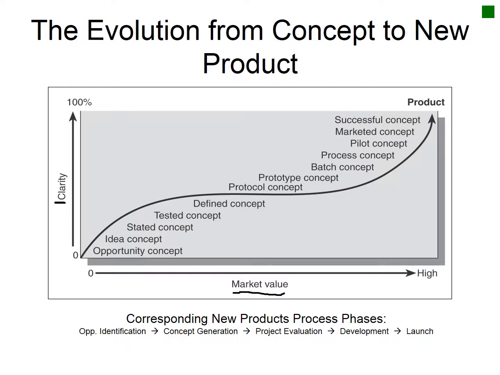And basically the idea is, as we progress through these steps, the product idea and concept becomes less fuzzy and more clear. So at the early period of time, we have a high degree of fuzziness or a low degree of clarity. As we begin to write the PIC and we begin to get to this stage where we're actually producing prototypes and such, the clarity should increase dramatically until we have a product coming off of the line.